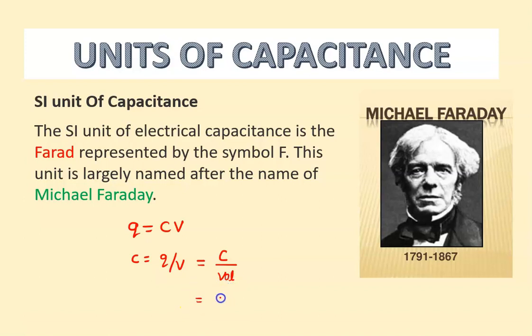So coulomb per volt is another unit of capacitance. So the SI unit is farad, and from the formula Q is equal to CV, the unit is coulomb per volt.